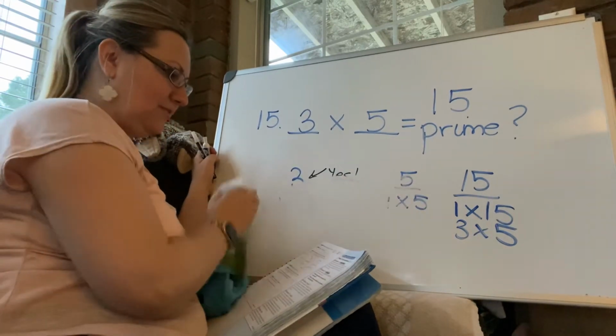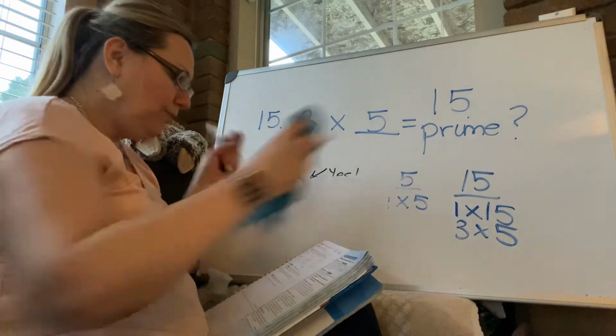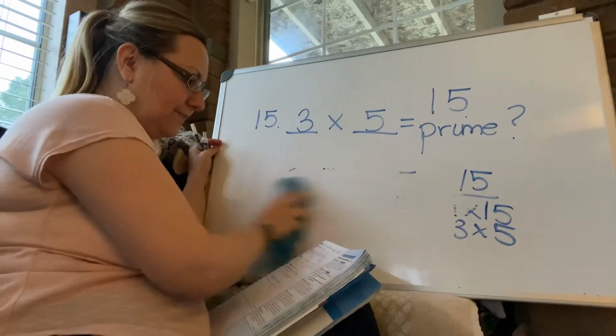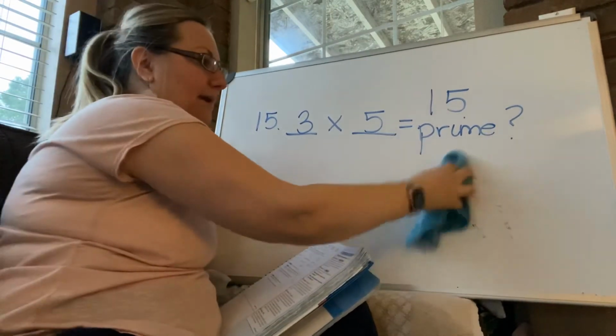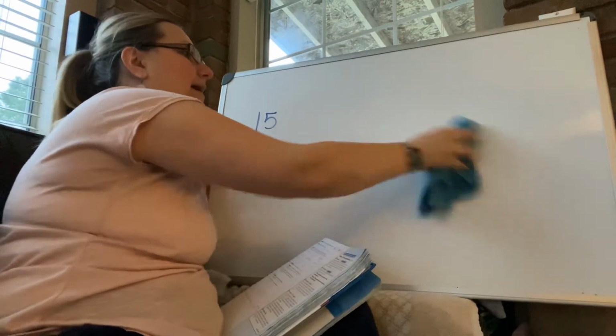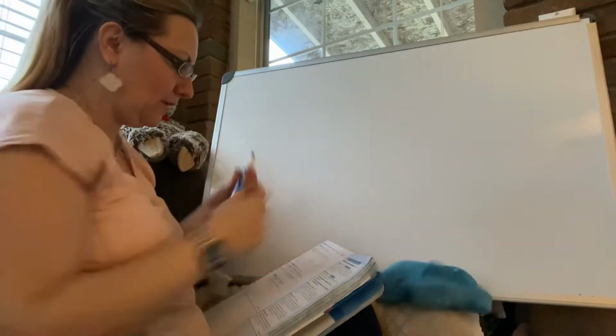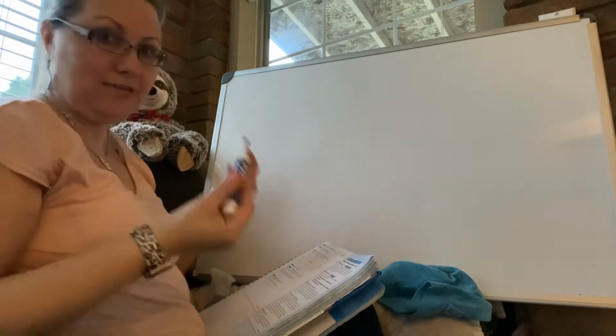The technical answer would be the product of 2 prime numbers can never be a prime number. If you try it with other numbers, you will see that you will never get a prime number as a product. Okay? We won't take the time to do that.